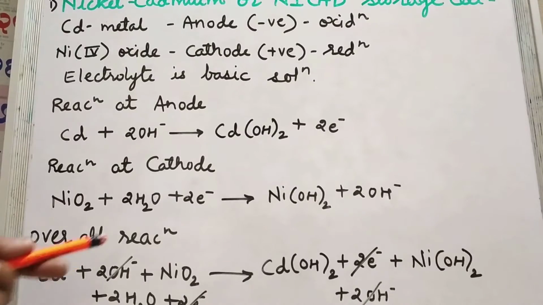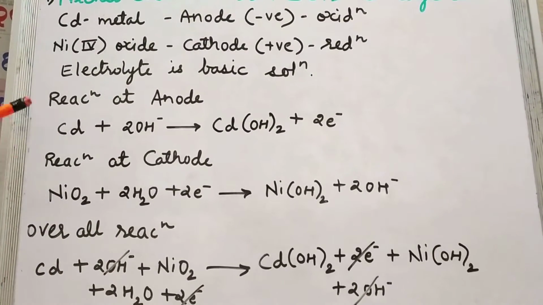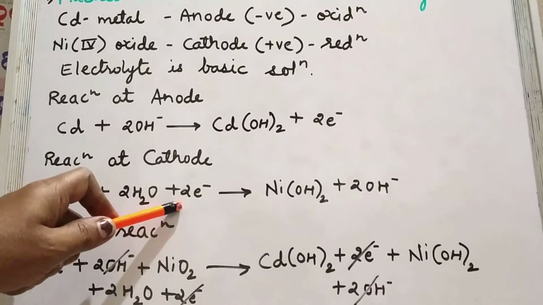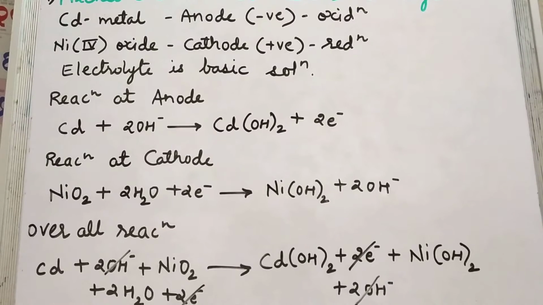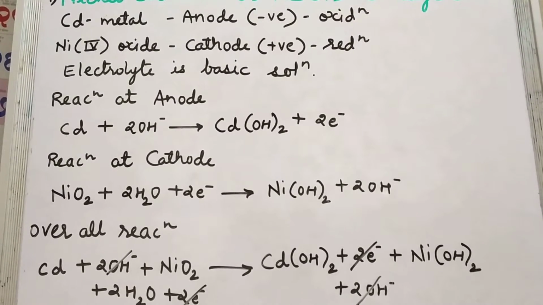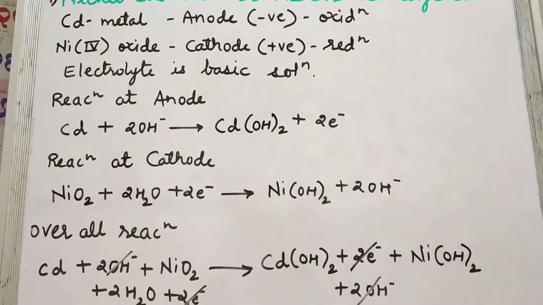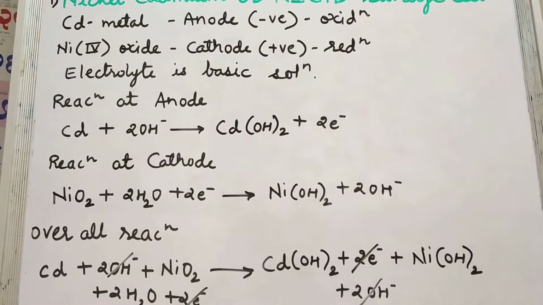So the water molecules from the base combine with nickel oxide and the 2 electrons from anode are gained by cathode, and there is formation of nickel hydroxide, Ni(OH)2, with 2 OH minus ions. So we have got the reaction of oxidation and the reaction of reduction. The two half reactions we have got.